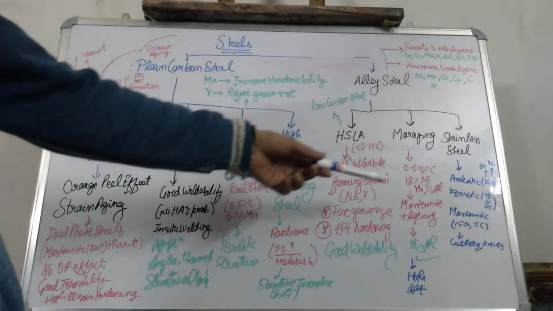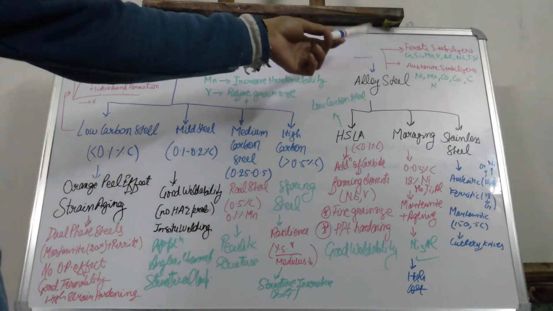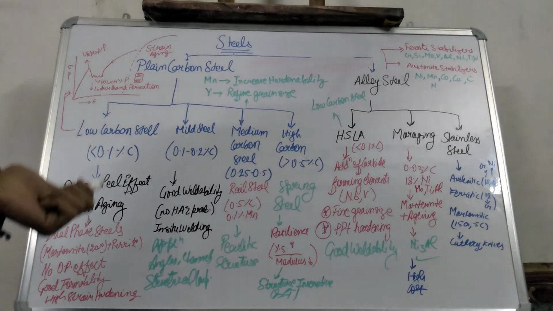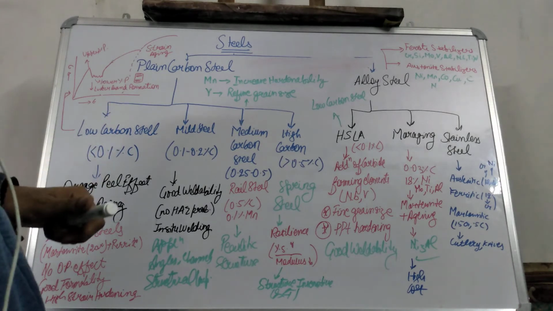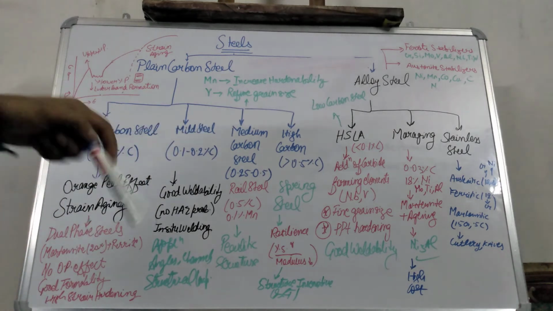Next is stainless steel. Before we see stainless steel, we should first look at the two types of elements which can be added to steel as alloys, and what their role is. If you look at the iron carbon phase diagram, we see that the alloying elements play two kinds of role.